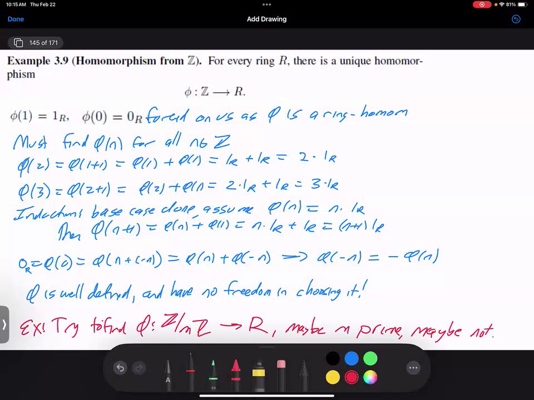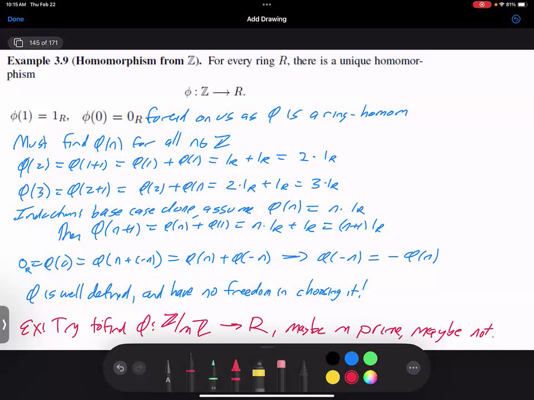We just had remarkable success. Maybe no matter what I give you, there's only one ring homomorphism. Life would be kind of boring if that was the case. Maybe if the rings become more complicated, you might have more possibilities, more things that you can do.